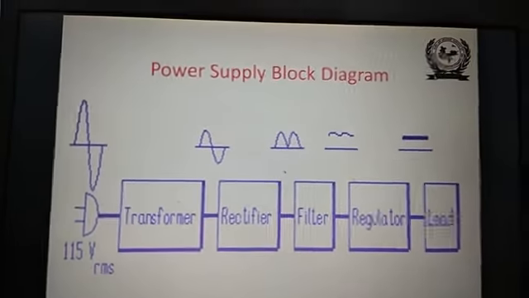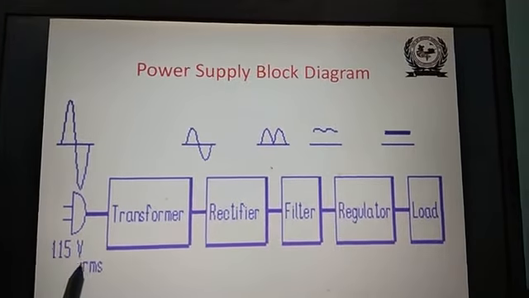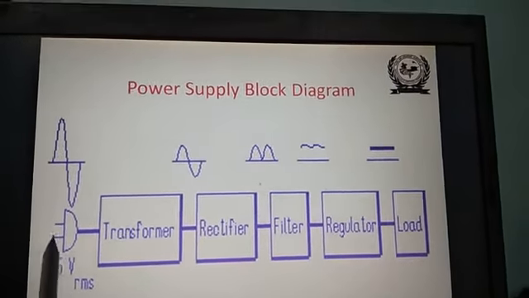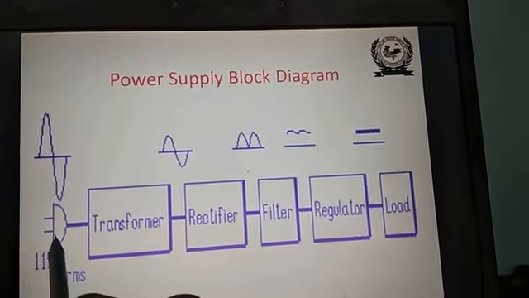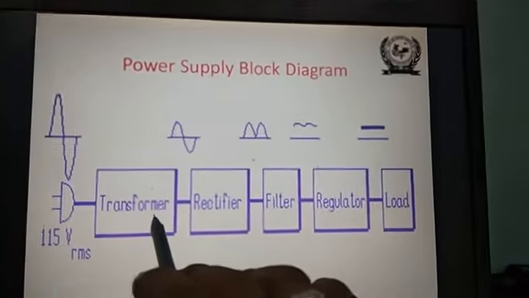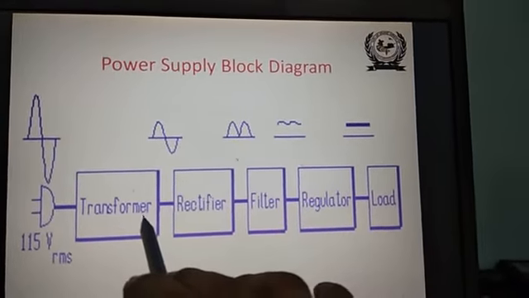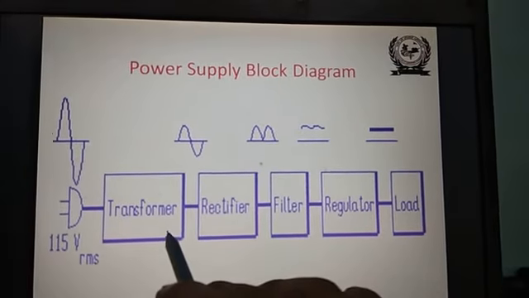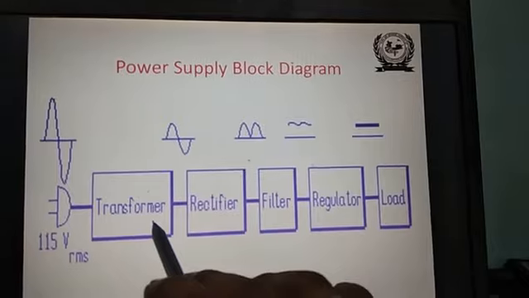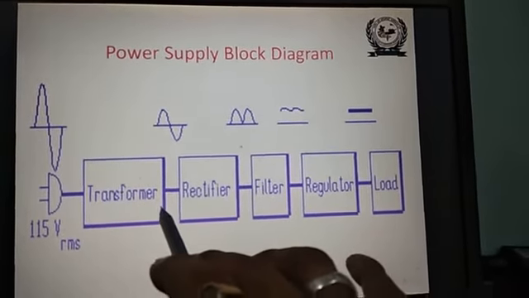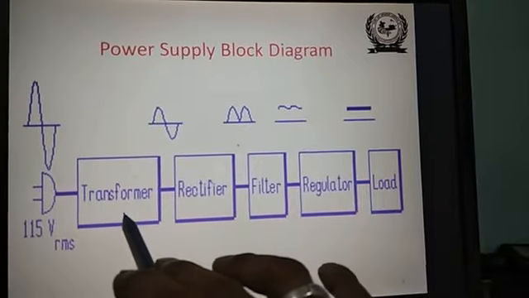Here we have sometimes a 115 volt AC supply, or you may have a domestic 230 volt 50 Hz AC supply. Then here we will use the step down transformer, which will give either 12 volt or 24 volt AC supply. That is a step down from 230 volt to 24 volt, let us say.